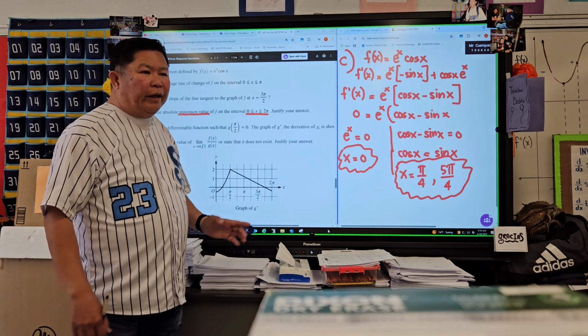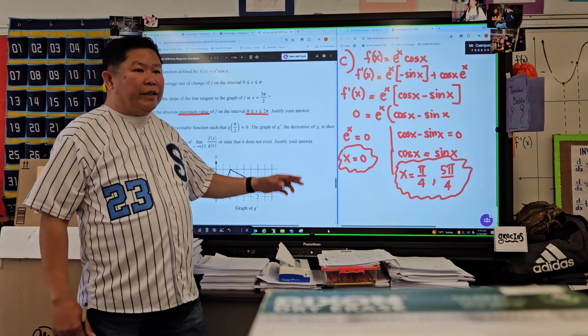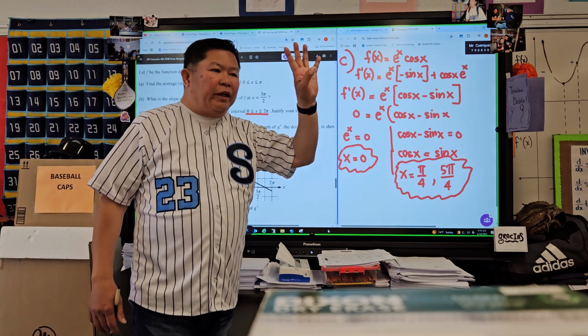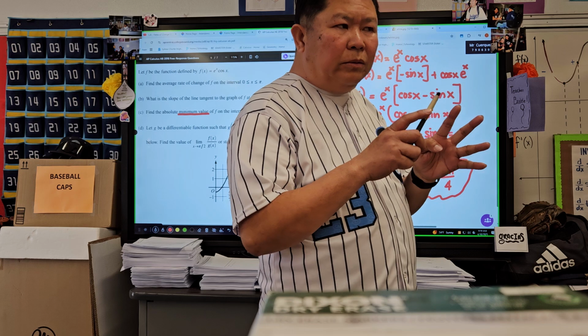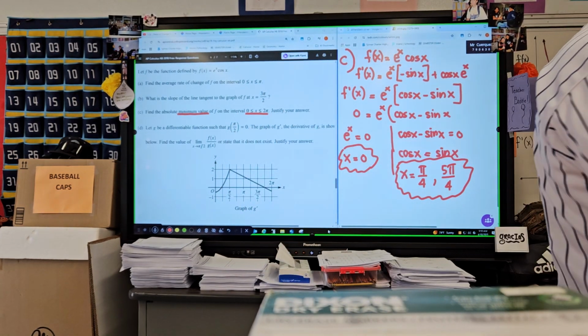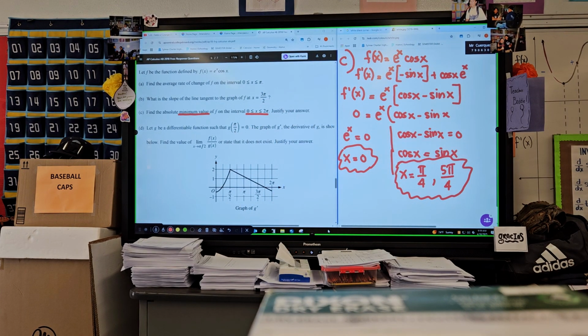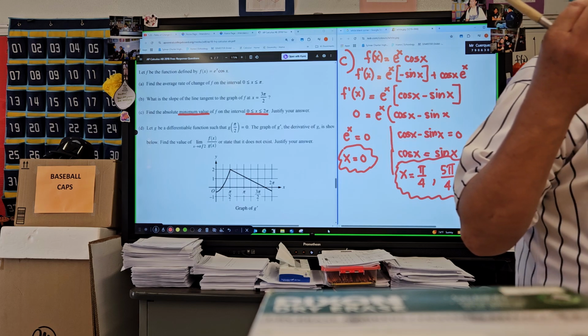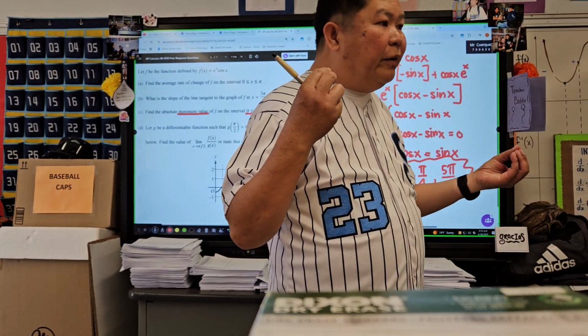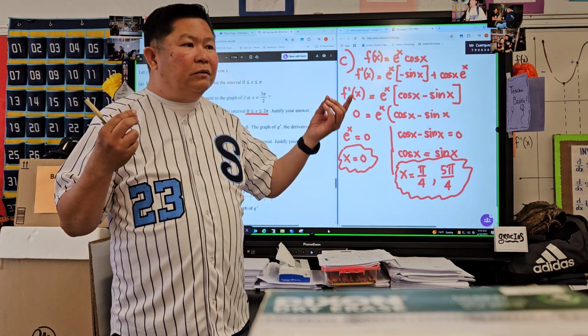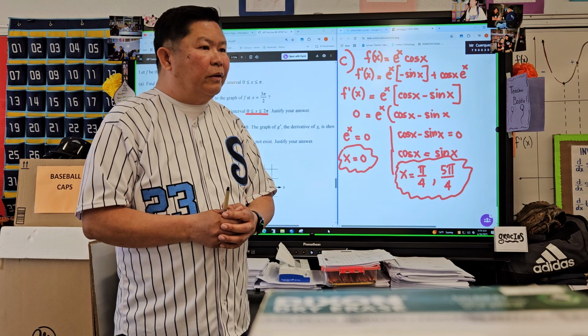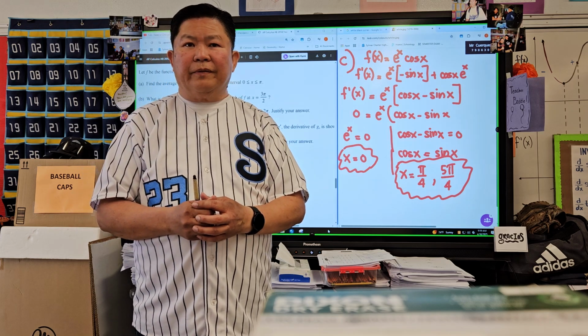How about 2 pi? Correct. So within that interval, how many possible candidates do we have? Three: 0, pi over 4, 5 pi over 4, and then 2 pi. And what do we do with that? We plug into the given function f of x.